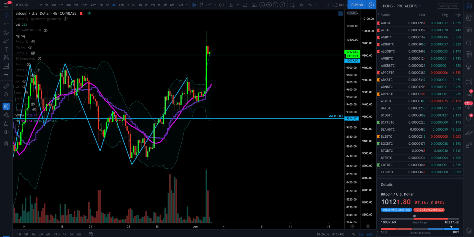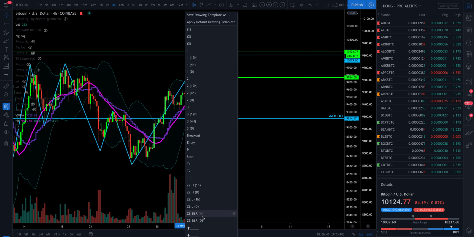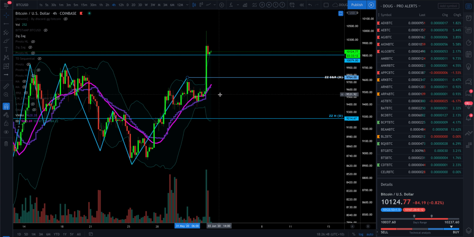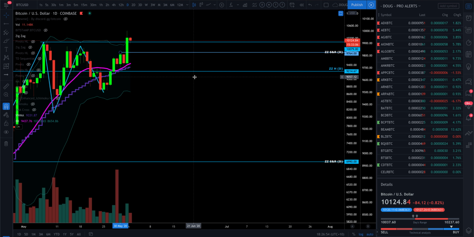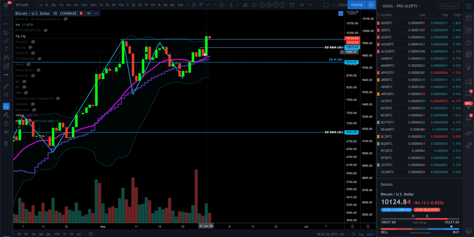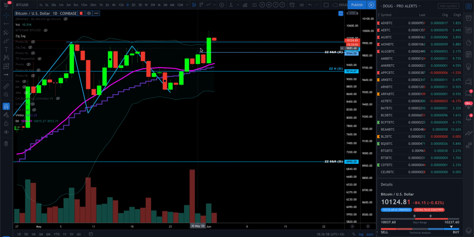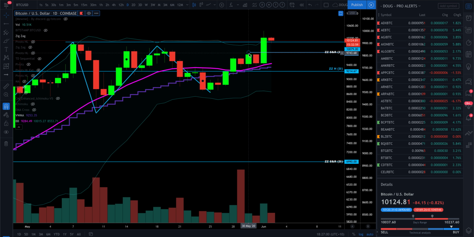We could even put a support and resistance zigzag just here. I'll jump back onto the daily just to see what lands. Yeah, so sort of just above here, basically on the wick of this previous day here.